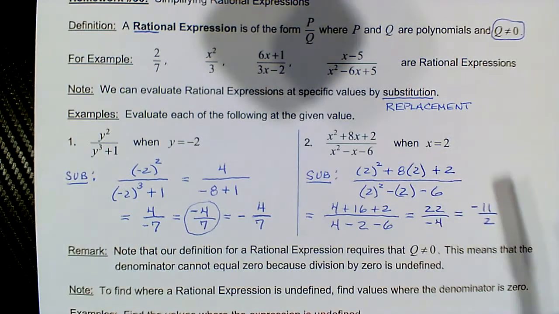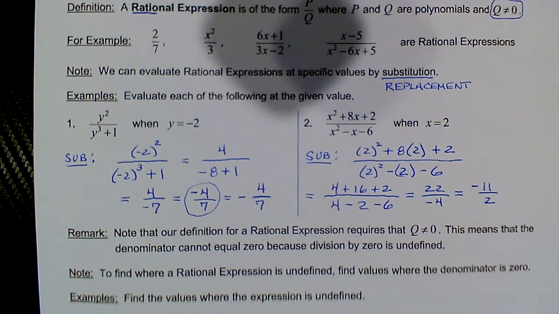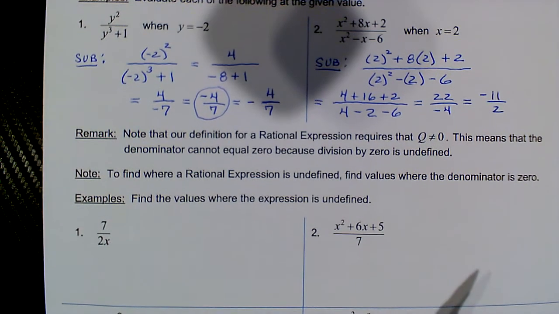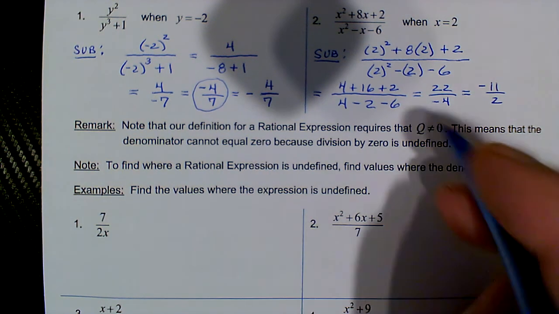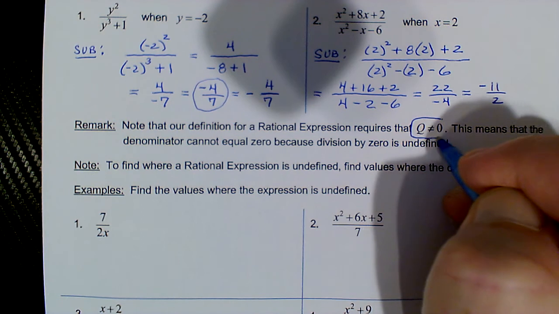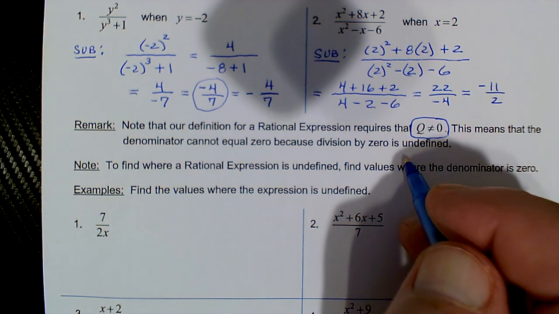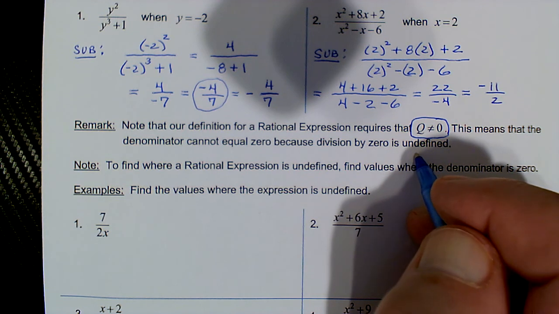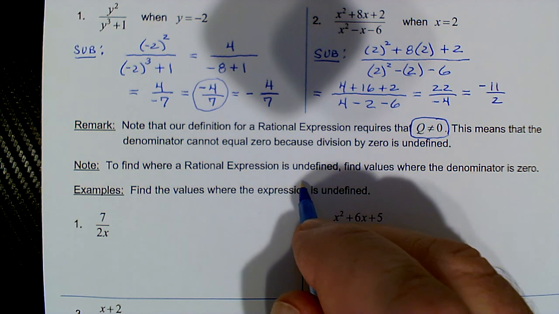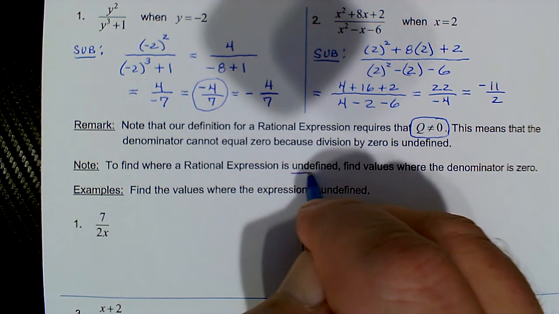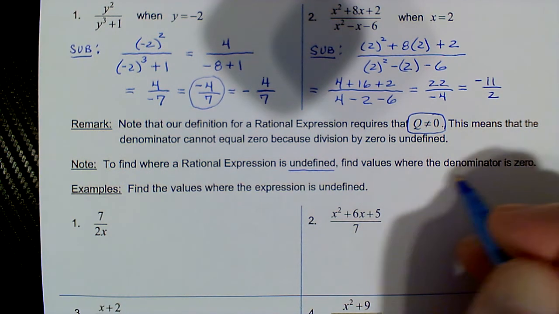Okay, so moving on. A little remark here. Since we have that our definition requires that q cannot equal 0, that is, the denominator cannot be 0, and that's of course because division by 0 is undefined. So to find where a rational expression is undefined, so this is often something we're interested in, we basically just find the values where the denominator is 0.